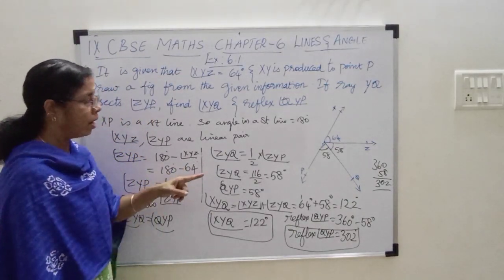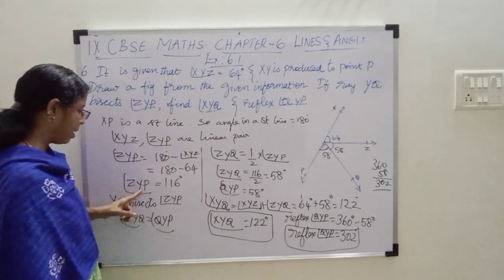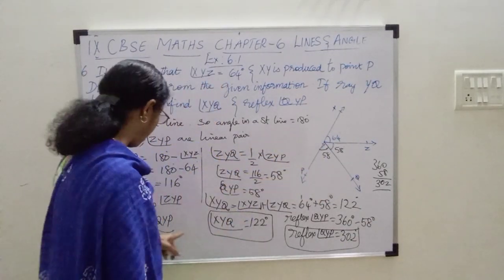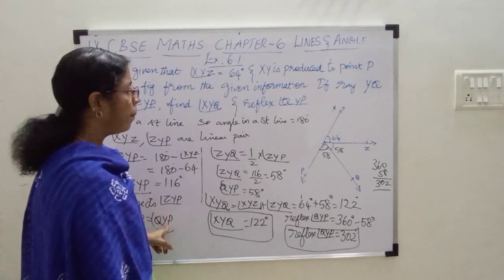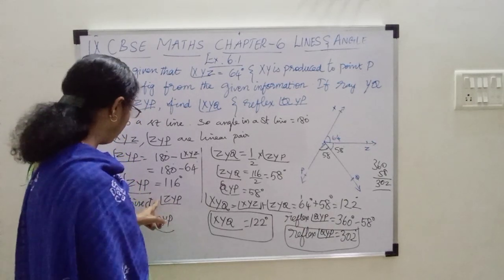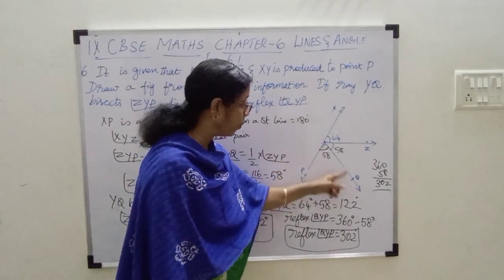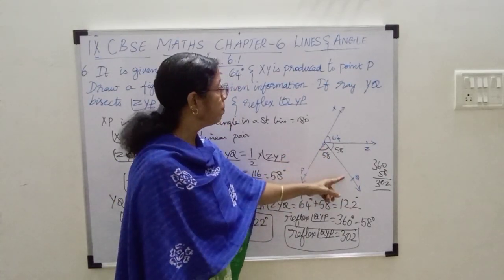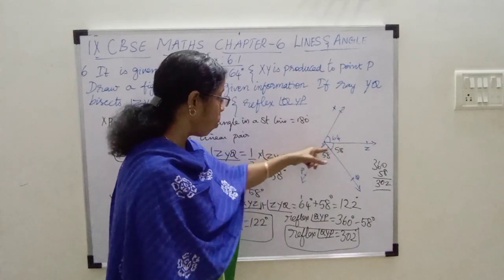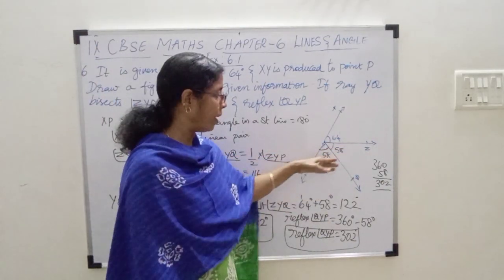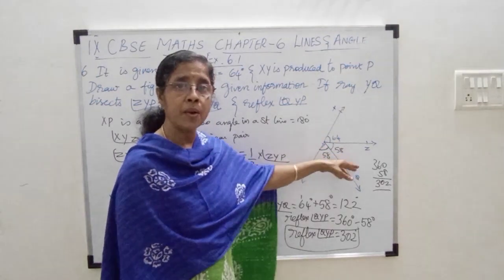Now YQ bisects angle ZYP. So angle ZYQ and angle QYP are equal. Since YQ bisects the whole angle 116, it divides the angle into two equal parts.